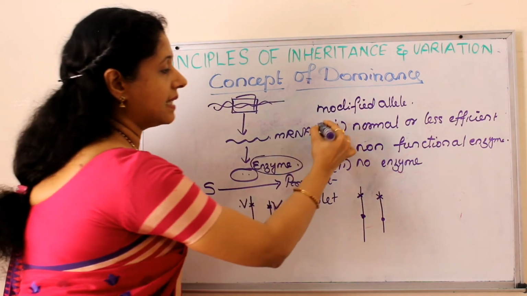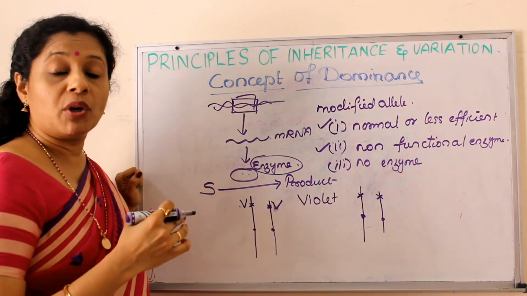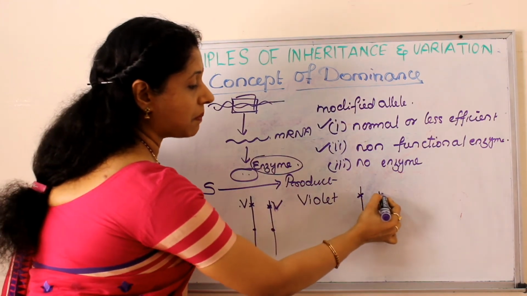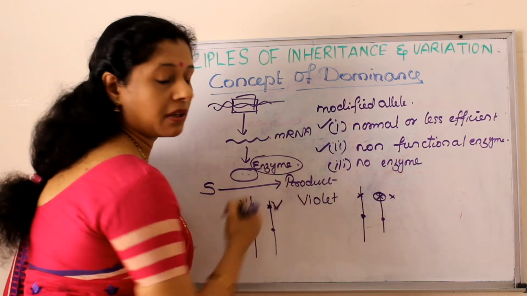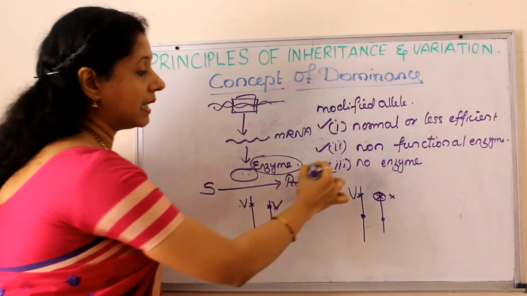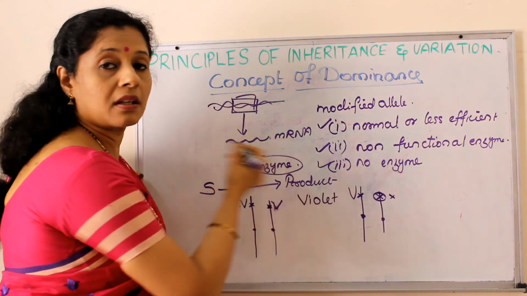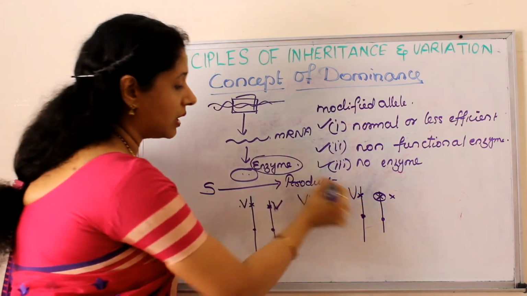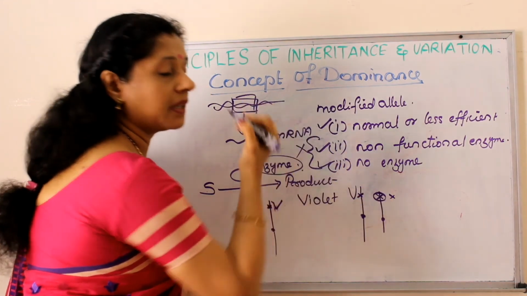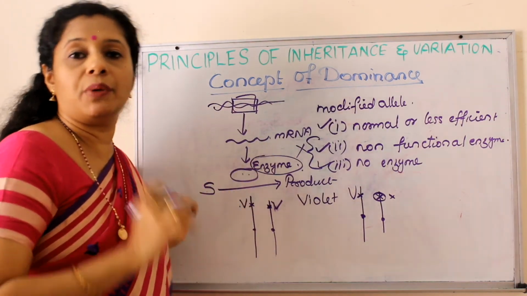But in the second case, the modified allele can produce a non-functional enzyme. In such a case, there is no contribution coming from this allele. Only from the other one the contribution is coming. Or in the next case, no enzyme is produced at all. Even then the substrate will not convert into product. So there also no effect is produced. So in these two cases, there is no effect from the second allele, or its contribution is nil. It's simply sitting there without doing anything.